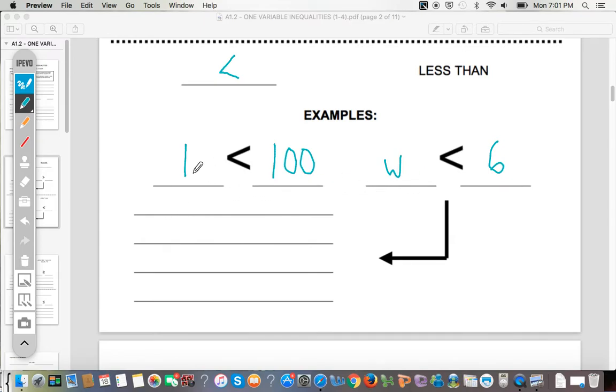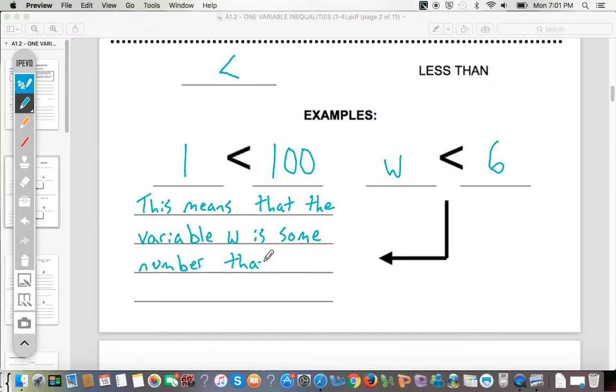This statement tells us that the variable w is some number that is less than 6.